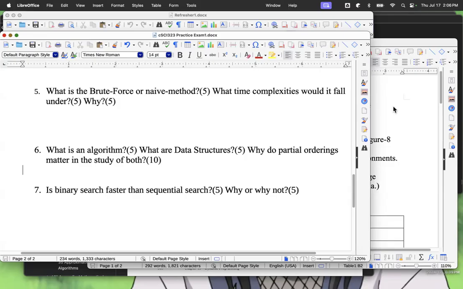I would say data structures are the structures that hold data, such as lists, arrays, trees. It would be how we store it, how we search through it, and how we travel through it.